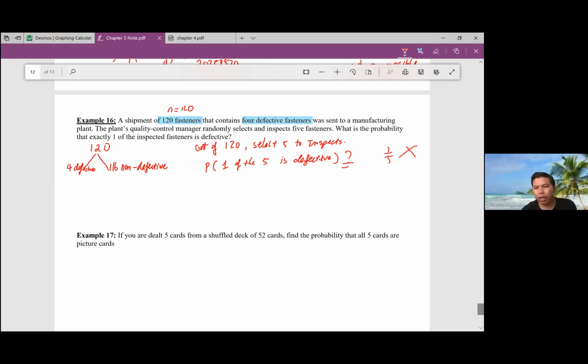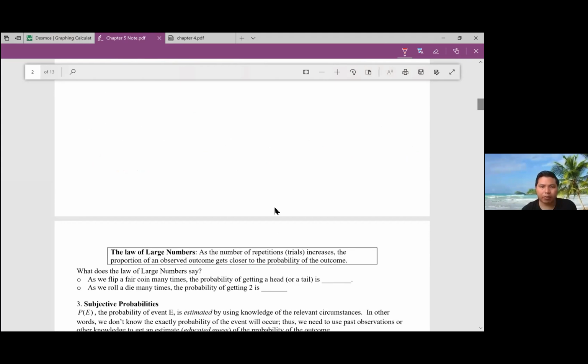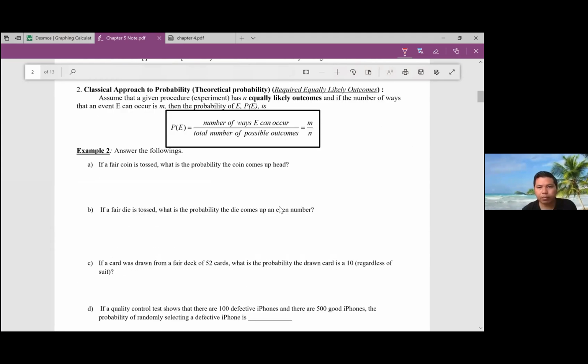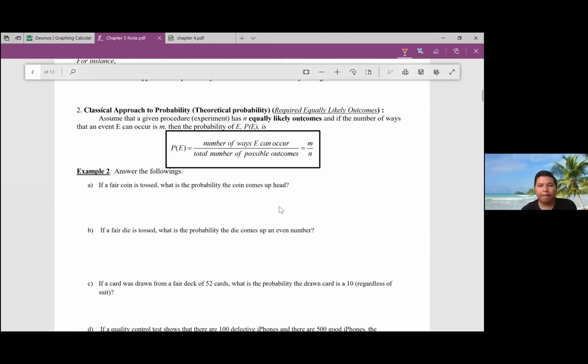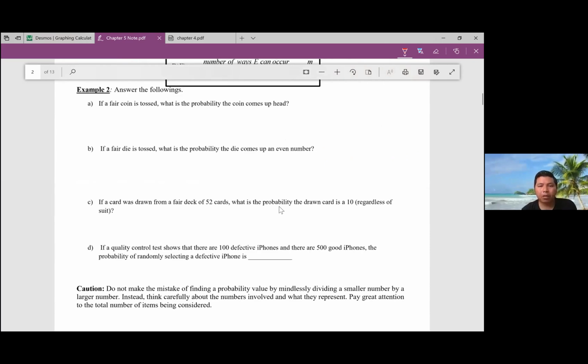So let me bring it back to you guys right now. What we've seen in the previous examples in chapter 1, we are selecting 1 card.